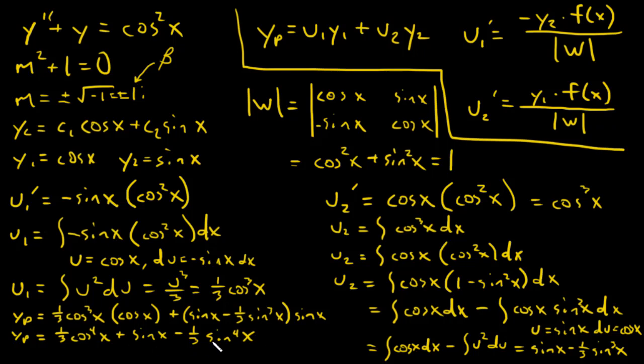And you can see right there why we didn't want to take a guess with that and use the undetermined coefficients method. This variation of parameters is way, way, way better.